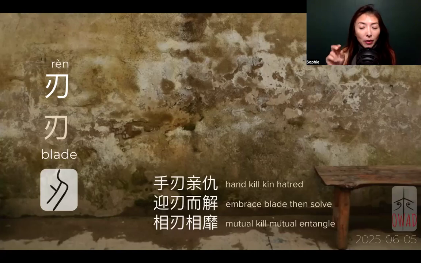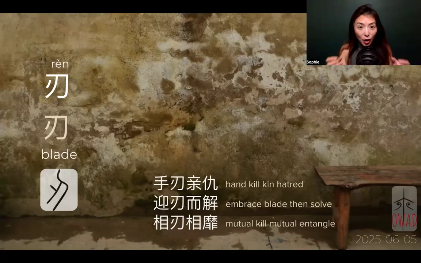So it's talking about almost like a codependent relationship where the two people are not existing in harmony, but somehow they get entangled. Their lives are intertwined, but they are killing each other slowly. So 相刃相迷 is a Taoist way to jump out of this situation to observe this human dynamic, to say there are times in life that you and your loved ones feel like slowly killing each other, while at the same time you're close with each other.